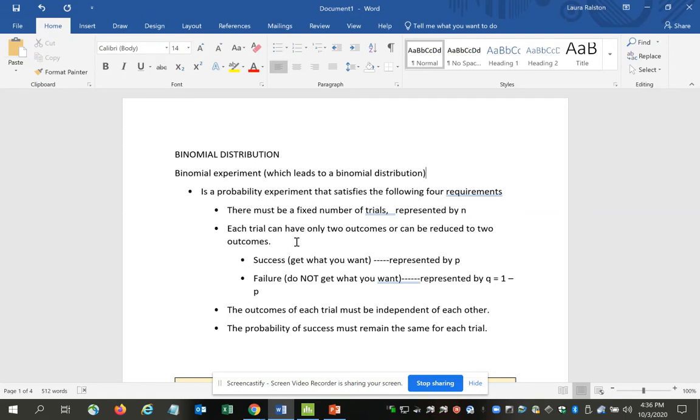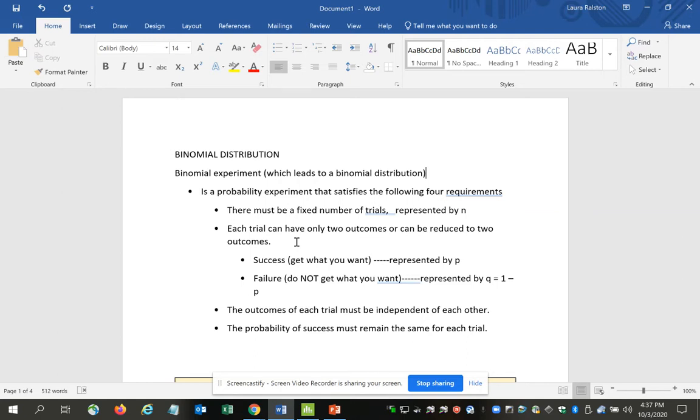Now, the idea of it being reducible to two outcomes is, think about rolling a die, which is a six-sided cube. Maybe your desire is to roll the number 5. So you could say 5 is your success because you would get what you want, but then your failure would be not 5.